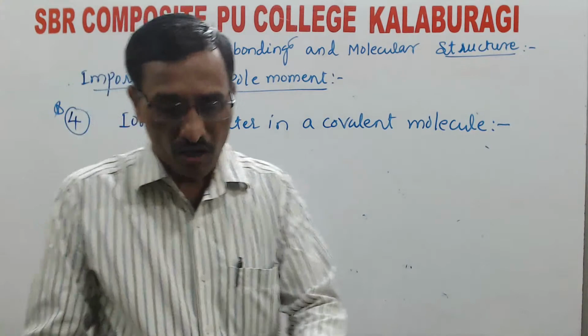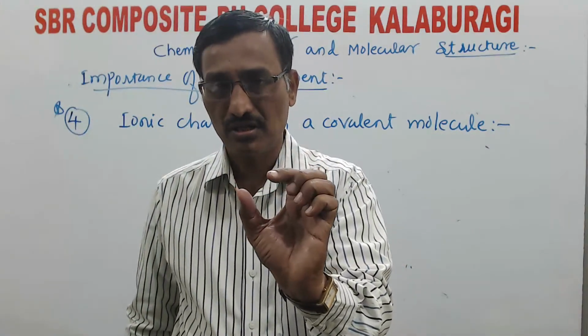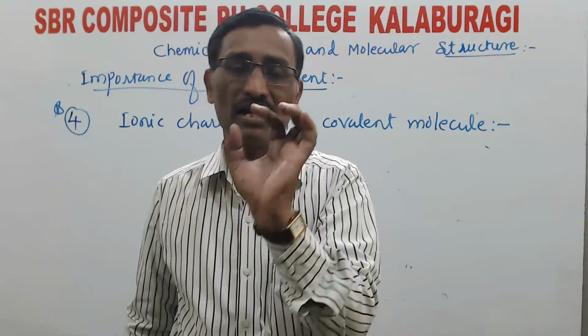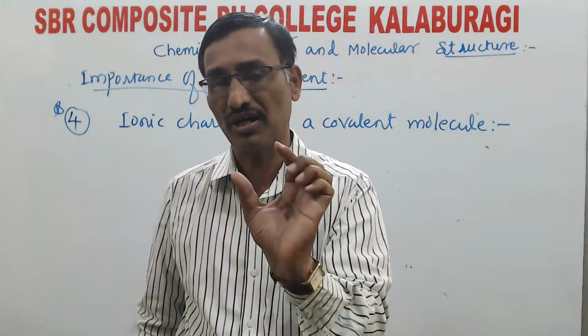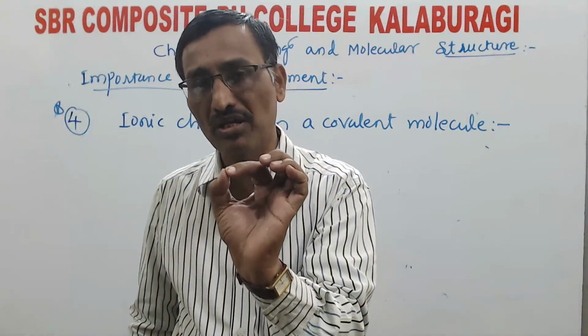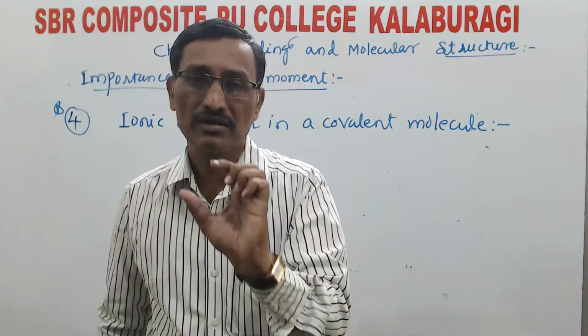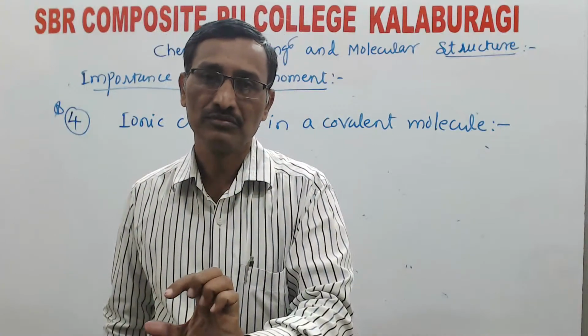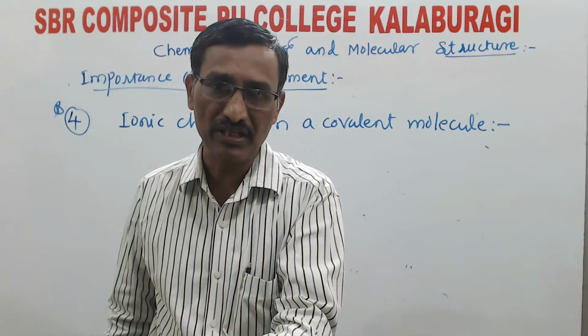To get 100% ionic or 100% covalent character, it is an ideal situation for a heteroatomic molecule. In a covalent molecule, a certain percentage of ionic character will be there.